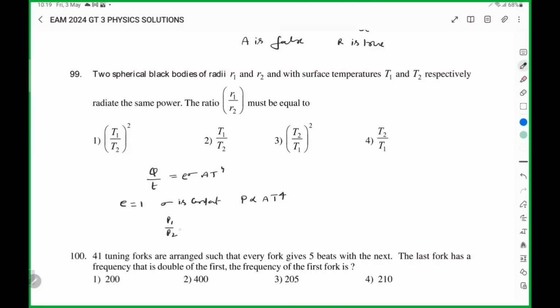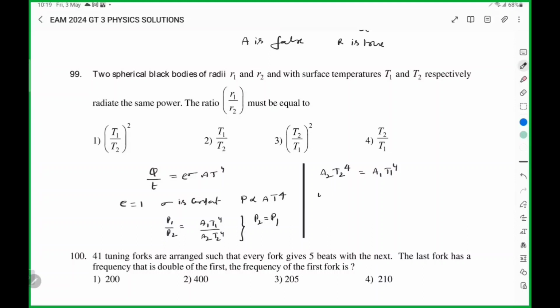So P1 by P2 is A1 T1 power 4 over A2 T2 power 4. Since he said radiate at the same power, we can write A2 T2 power 4 will be A1 T1 power 4.